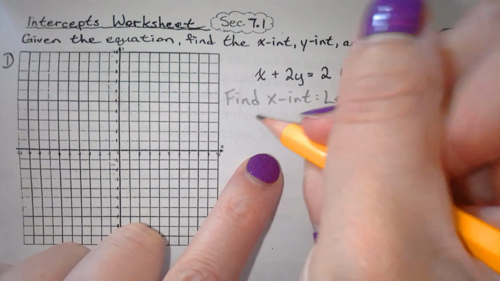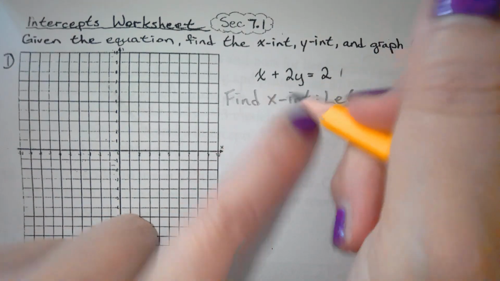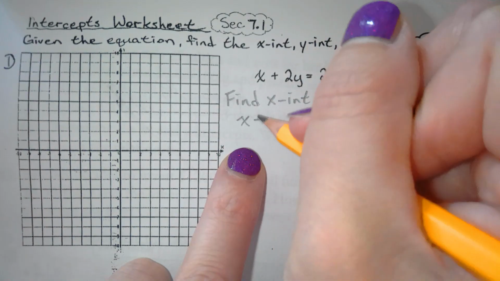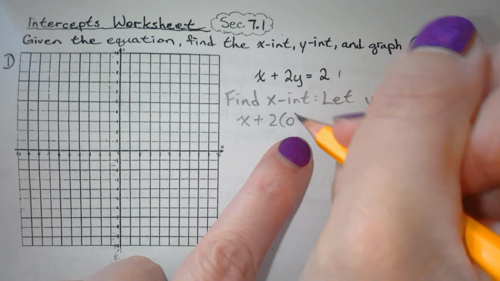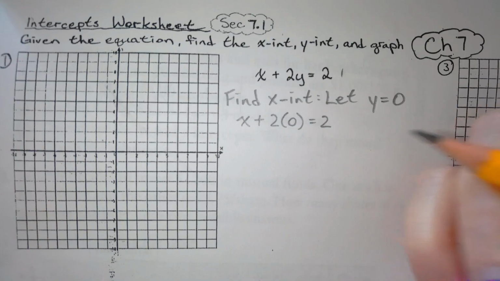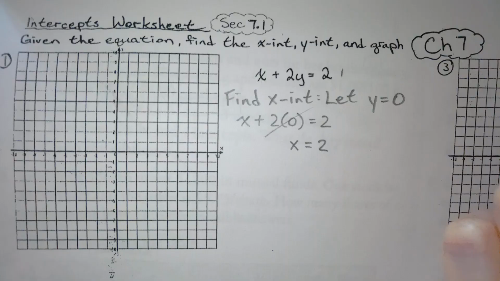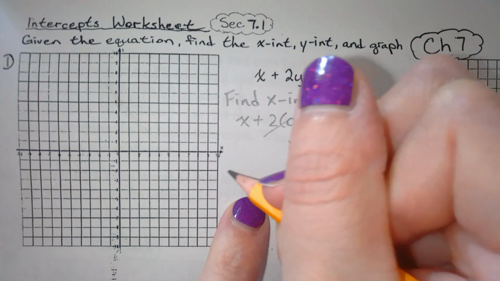Okay. So when y is 0 right here, I'll just write it out fully. When y is 0, anything times 0 is 0. So that's gone. So I get x equals 2. Right?